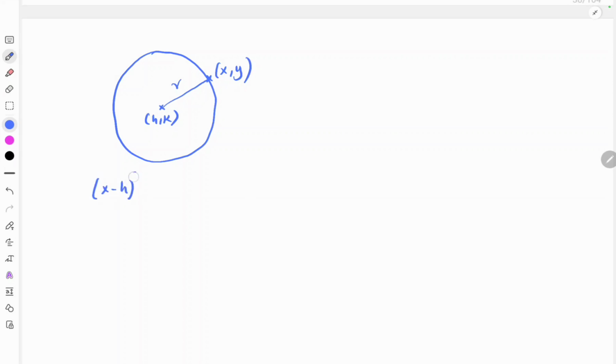Now we have to know some of the equations. Suppose we have a circle, with center h comma k and radius r. Let's say this point is x comma y. The circle equation is x minus h the whole square plus y minus k the whole square equal to r square. So this is the equation of the circle, with center h comma k and radius r.